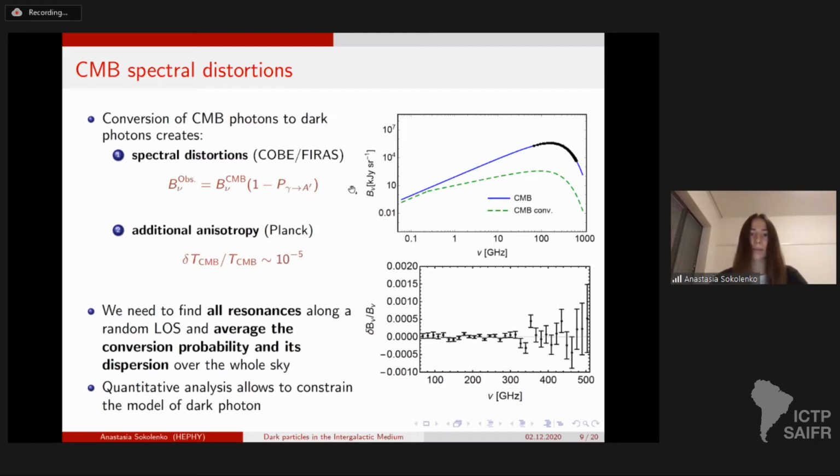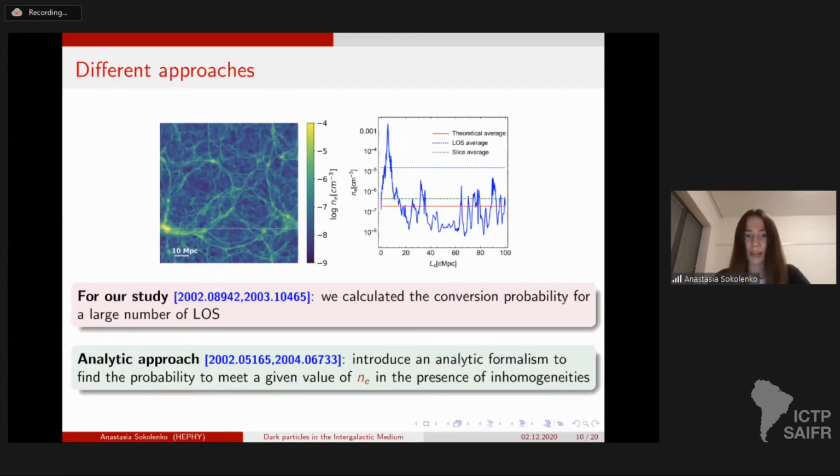But to put some constraints, we need to perform an all-sky average as well, because this is done for the all-sky survey. And for that, we use simulations. We use EAGLE simulations, and basically we extracted a random line of sight, and then we averaged the conversion probability and put constraints. We did it in these two works.